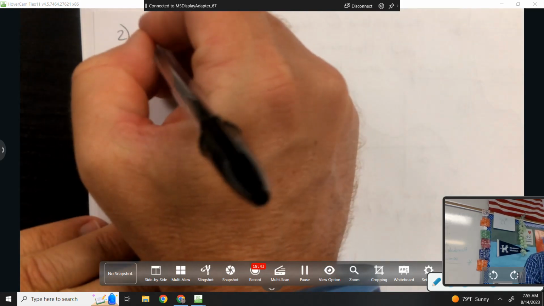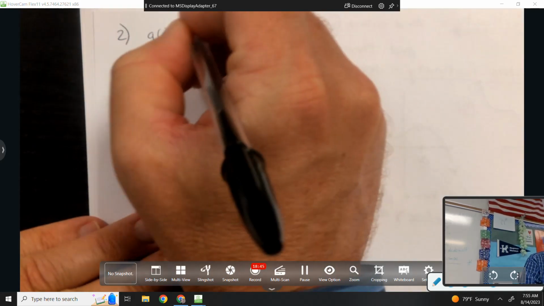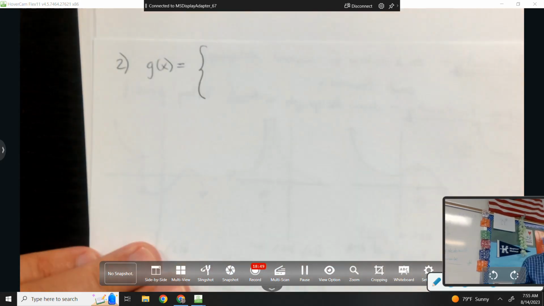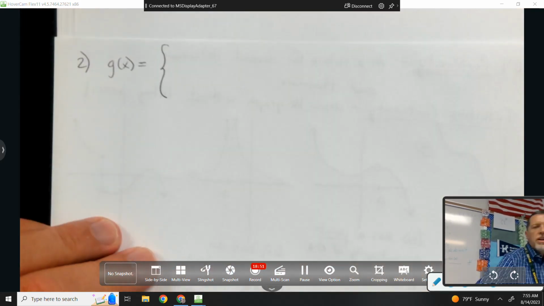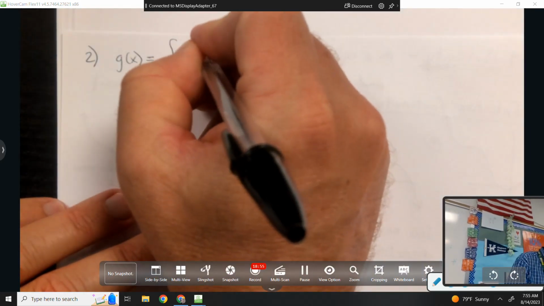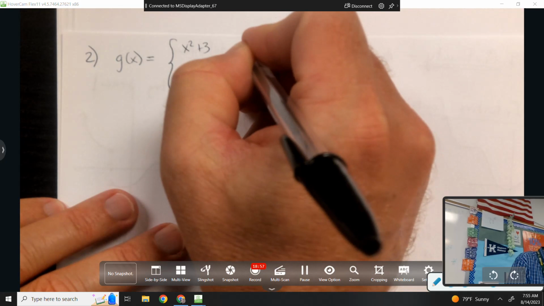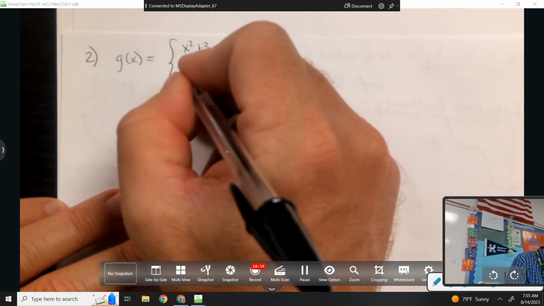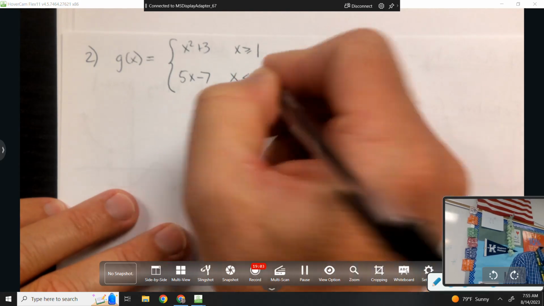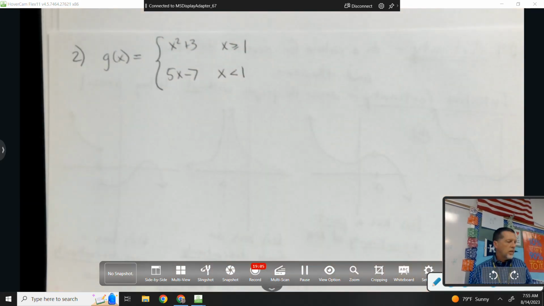Second example. g of x equals, piecewise function incoming here. x squared plus 3 when x is greater than or equal to 1. 5x minus 7 when x is less than 1.